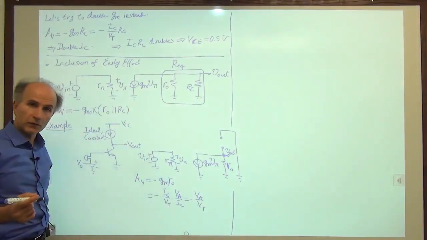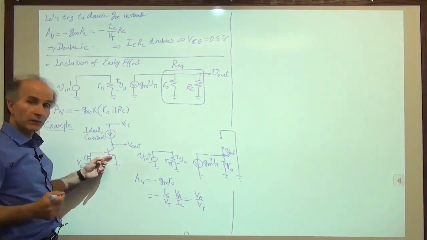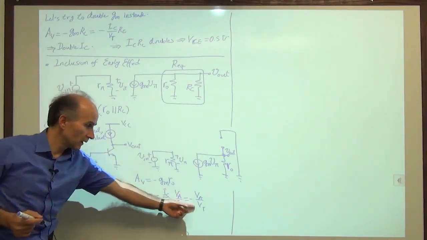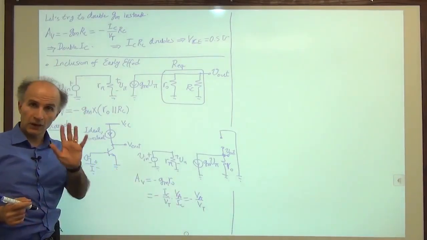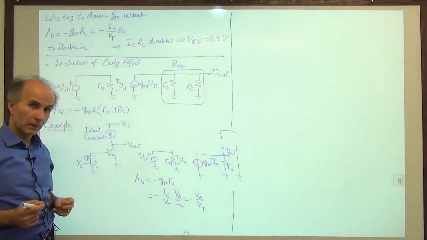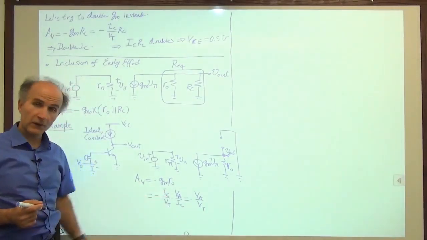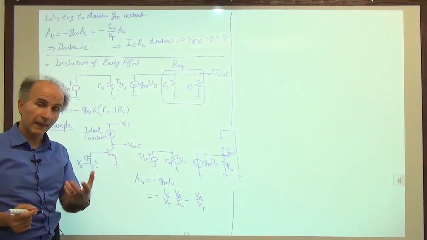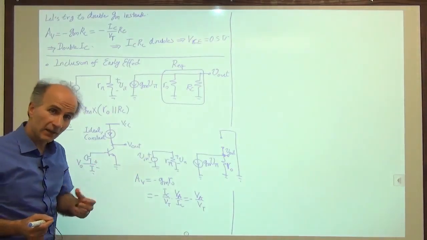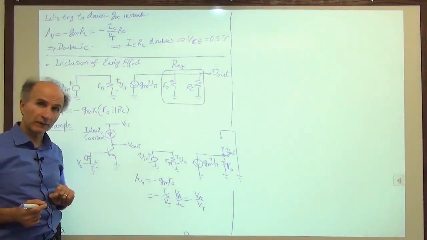VA is the early voltage, a property of this transistor when you buy it. VT is 26 millivolts at room temperature. This ratio is given for a given transistor. It's independent of the bias current. So that represents a fundamental limit as to how much gain one transistor can provide.